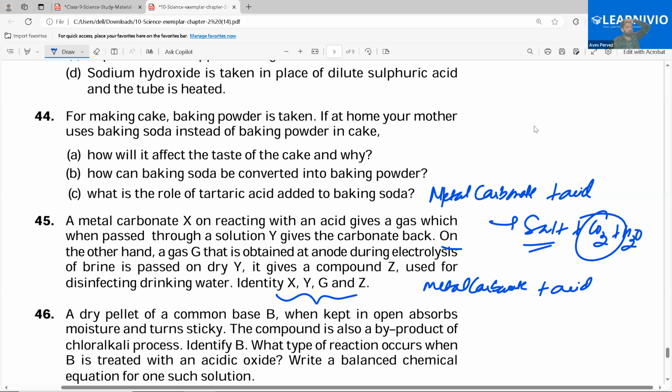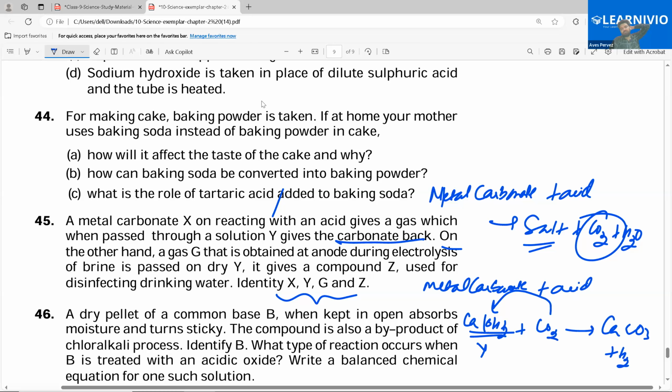Sir, I don't know. Okay, when this carbon dioxide gas is passed through a solution Y, it gives the metal carbonate back. We don't know the solution here, but we know that if we pass carbon dioxide to lime water, it will give you calcium carbonate, CaCO3.